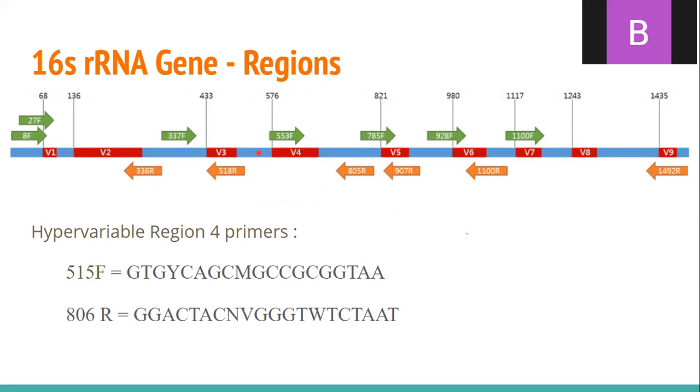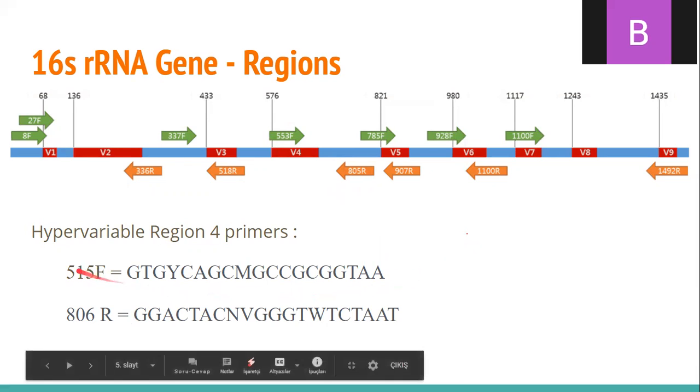How it's done is basically putting a forward primer at the beginning of the known sequence at the 5' end and a reverse primer at the 3' end. The hypervariable region will also be amplified with the polymerase reaction. So we will use these primers, forward here and reverse here.